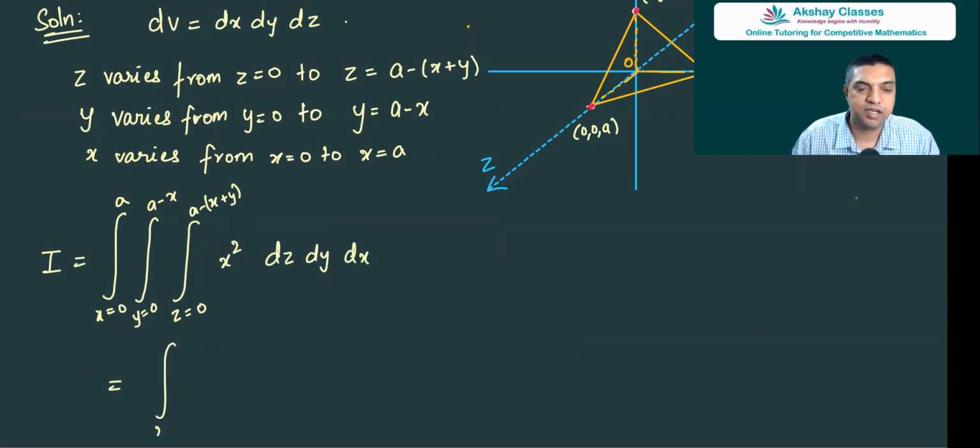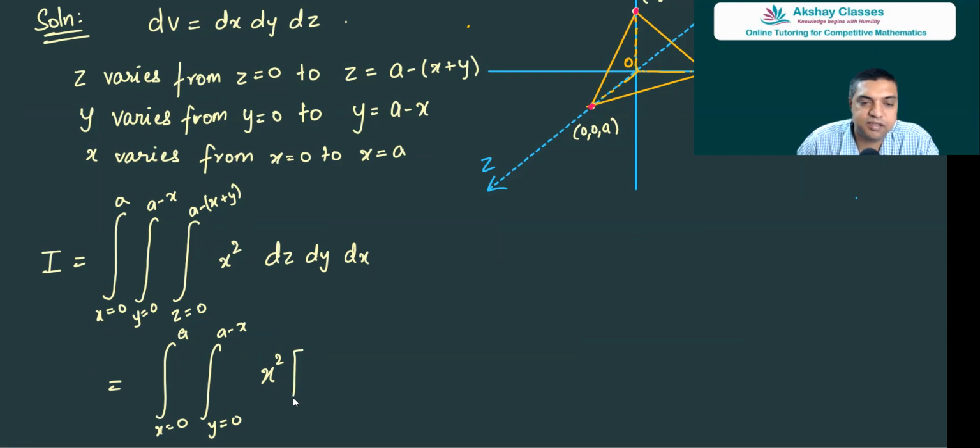That's it. So x equal to 0 to a, integral y equal to 0 to a minus x. Integrating this with respect to z, you get x square times z. Applying the limits, instead of z, we get a minus x minus y dy dx.